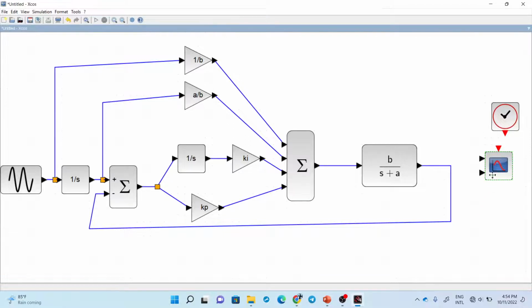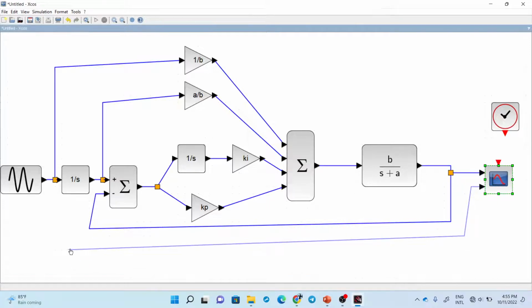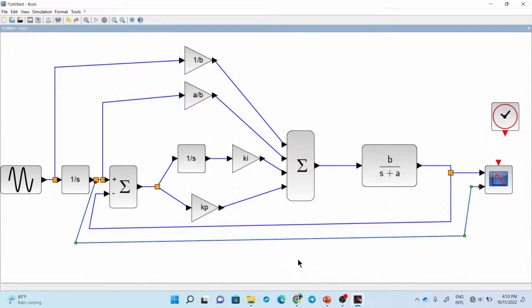So okay, this one here. Oops. And then this one should be here, because this is a reference.